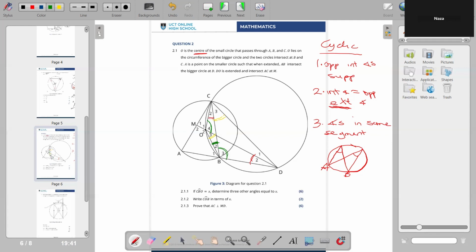Which is angle B2. So if you check, they said that angle is equal to x. Determine three other angles which are equal to x. That one is equal to x, which is our B2. Which other angle?